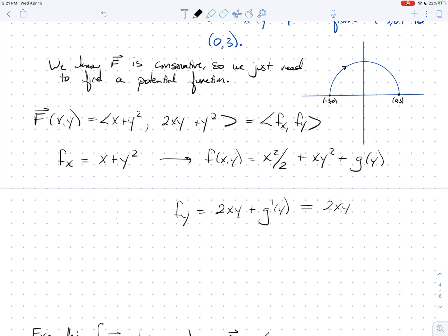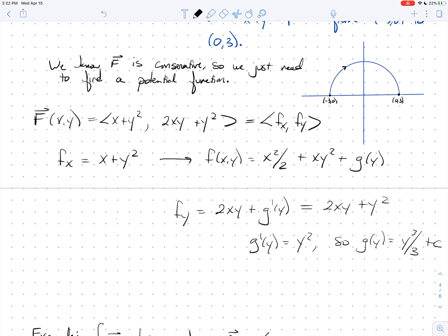And so this is equal to 2xy plus y squared. Well, that's great. Now you know that g prime of y is y squared. So g of y is y cubed over 3 plus a constant.